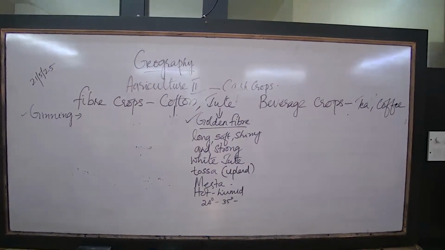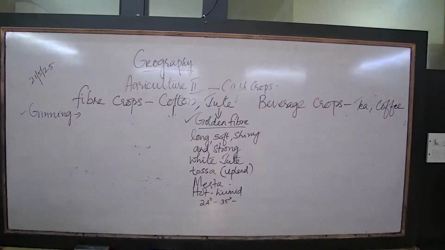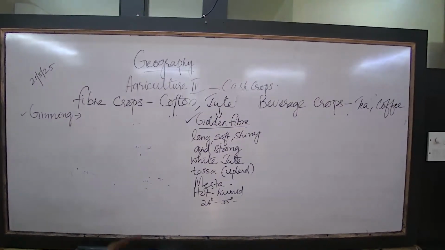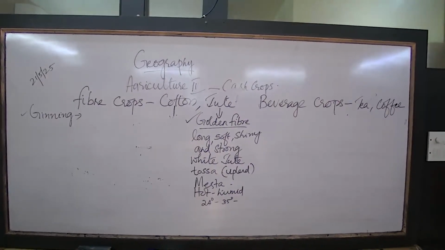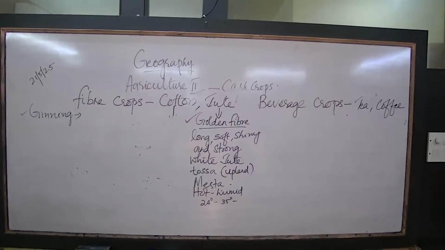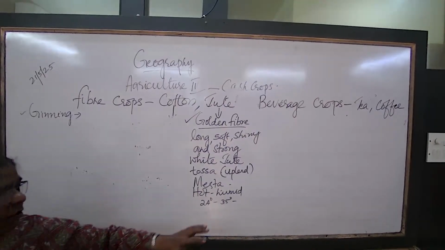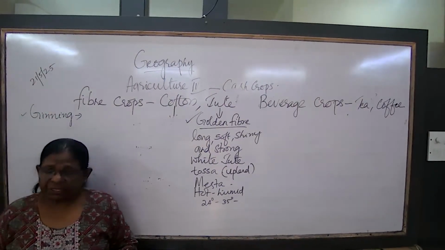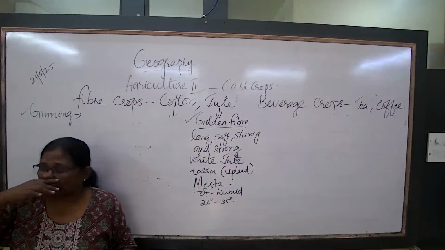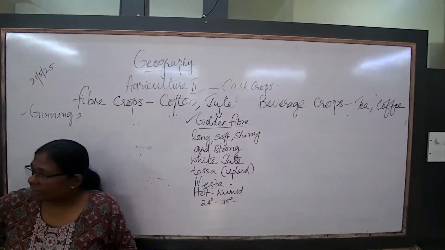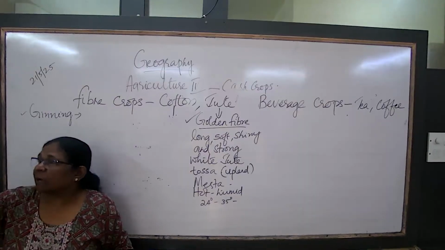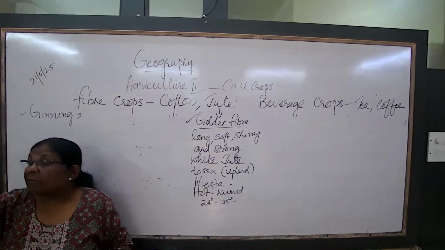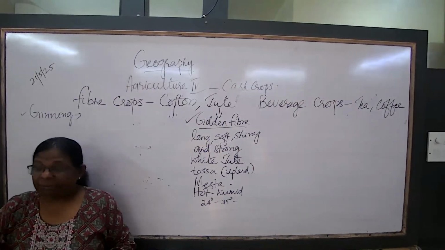Okay, so temperature 24 to 35 degrees Celsius and it requires a hot and humid climate. Then average rainfall, how much? 150 to 200 centimeters. Means good rainfall is required. That is why mostly this crop is grown in the northeastern part as well as West Bengal, Bihar and all.